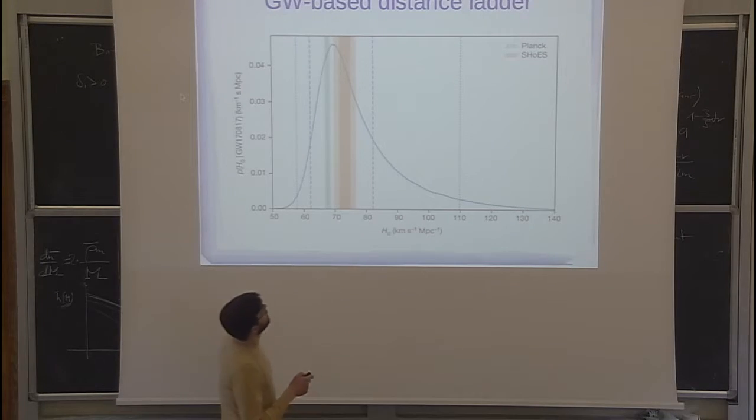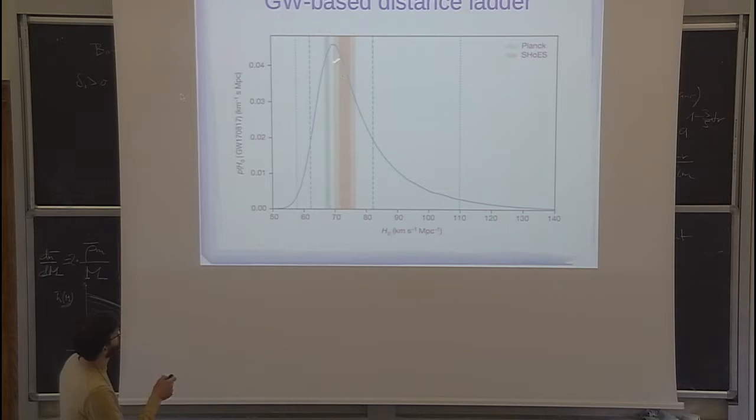So these were the measurements for the Hubble constant that came from Planck and from other surveys. And this curve here was the posterior PDF that comes from your Markov chain Monte Carlo and from the measurements of the redshift. So this is essentially the measurement of the Hubble constant by LIGO. And as you can see, the best estimator is sort of in between the Planck and this galaxy survey measurement.